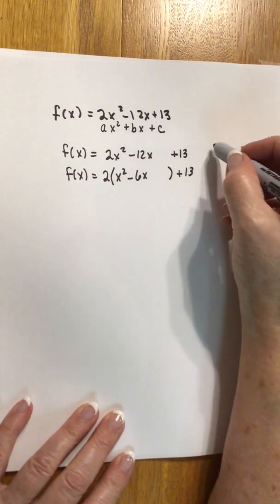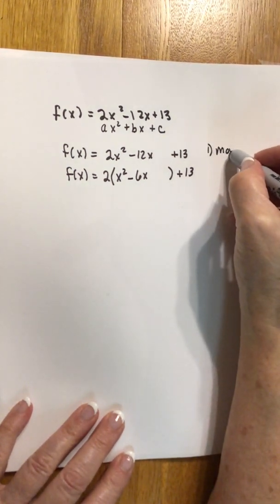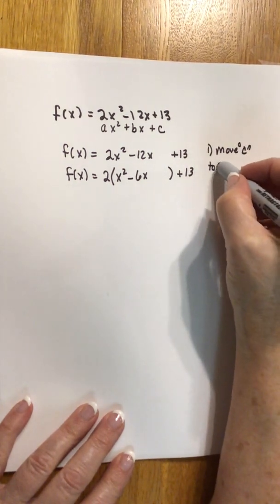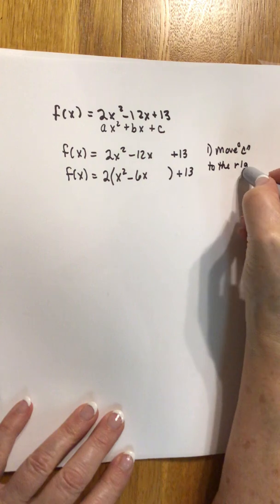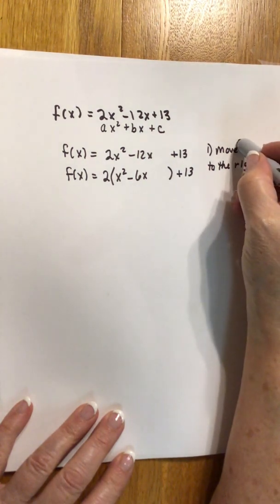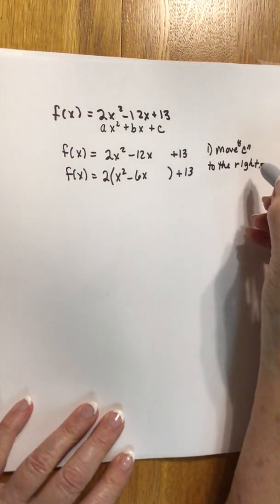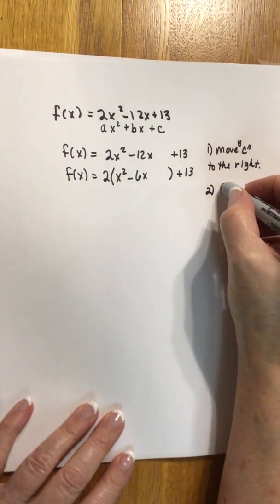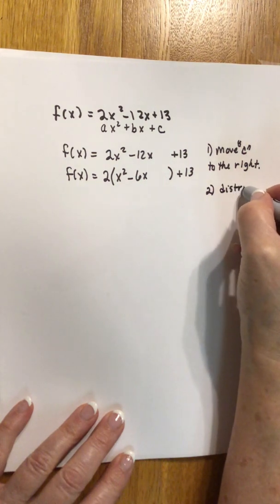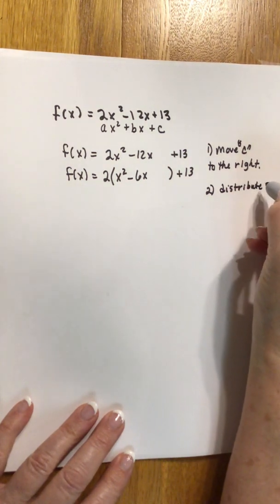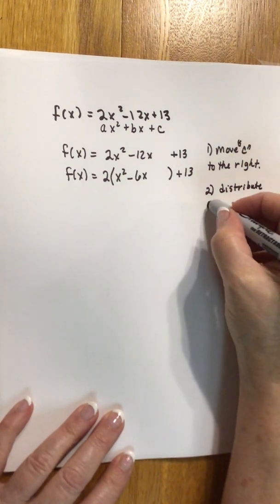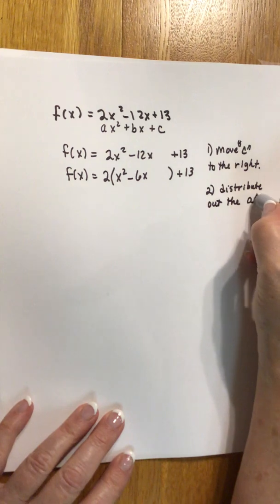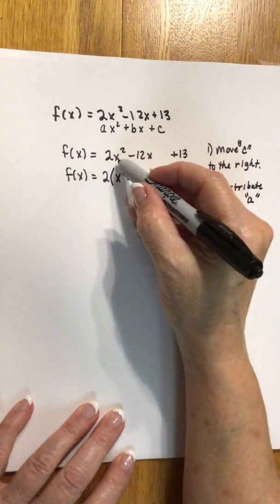So the first step was to move c to the right. The second step was to distribute out the a. So this would have been the a, the 2.